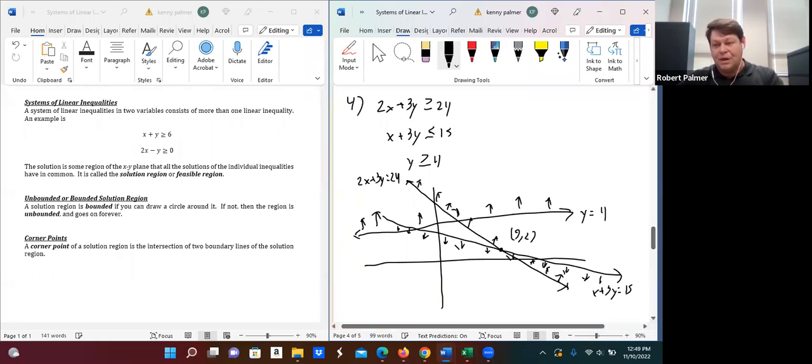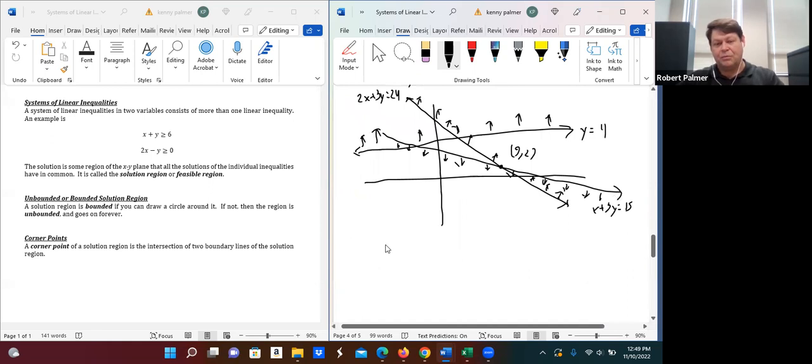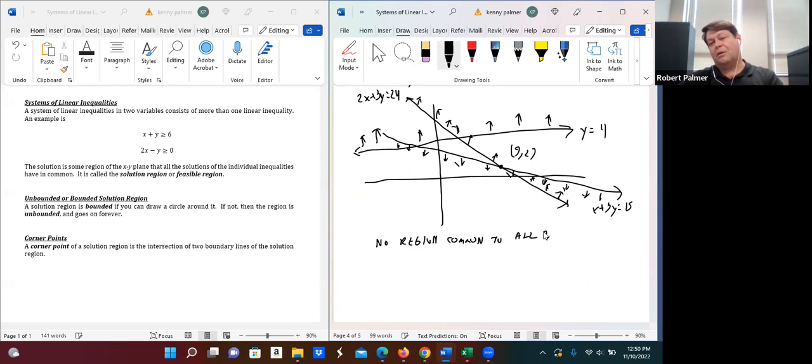Okay, so in this case, there is no solution. I'll say there's no region common to all three inequalities.